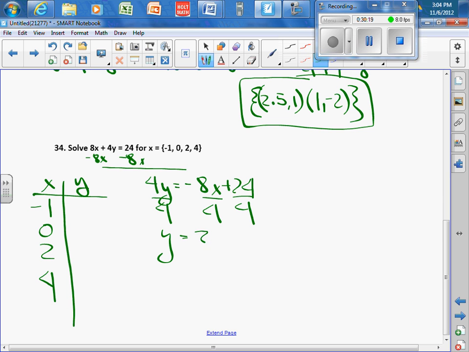Y is equal to negative 2x plus 6. So I'm going to take negative 1 and put it in here for x. So negative 2 times negative 1 is positive 2 plus 6 is 8. 0 is always an easy number when you put it in for x. That disappears, you get 6. Negative 2 times positive 2 is negative 4 plus 6 is 2. Negative 2 times 4 is negative 8 plus 6 is negative 2.